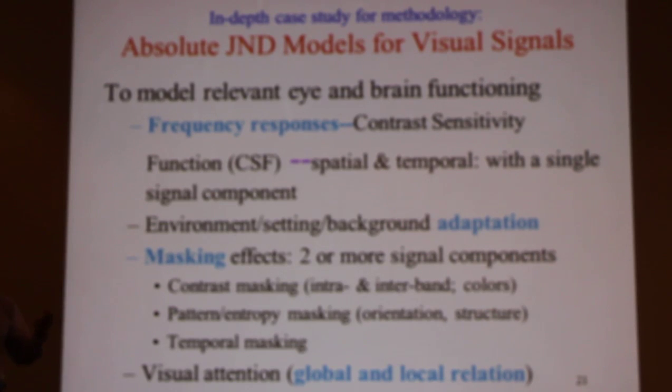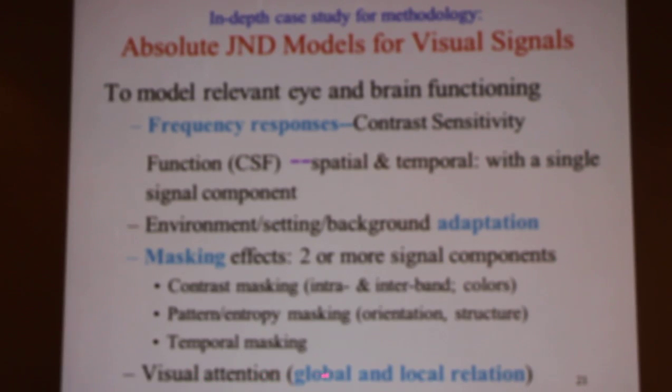So this is the masking. One signal masks the other signals. And also, this masking effect is related to frequency, orientation, and structure. Because if two voices are similar in frequency, of course, the masking effect is at its maximum. One masks another.